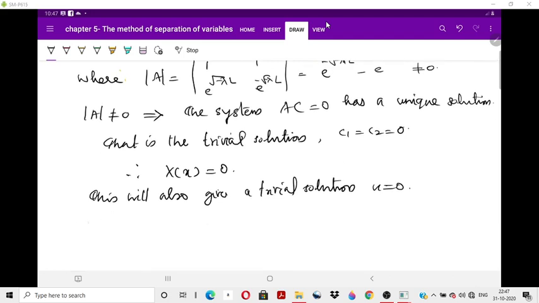Therefore, when lambda is negative, then it is not an eigenvalue.